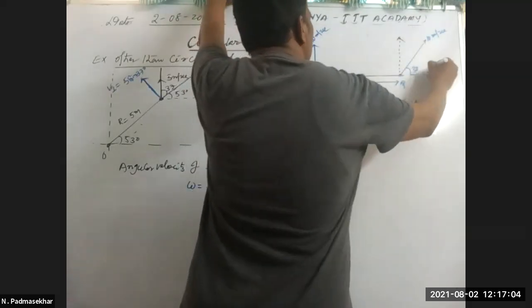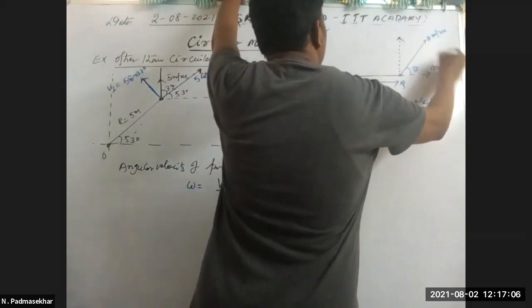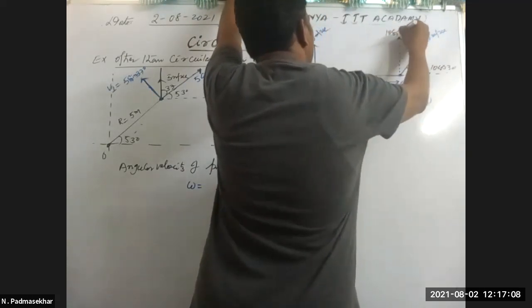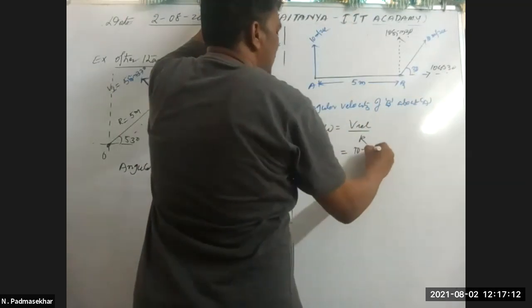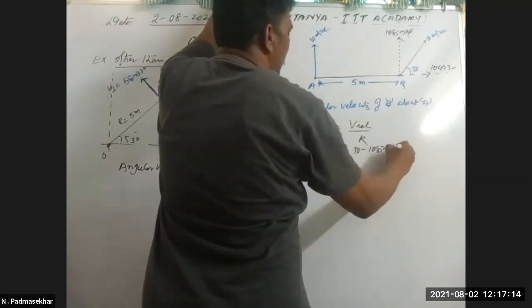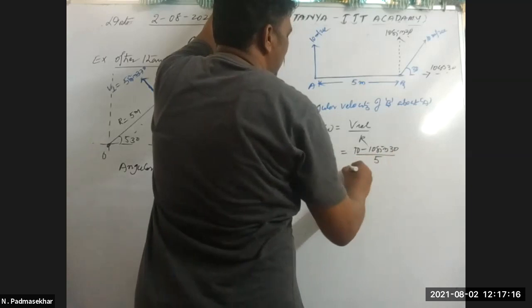This is 10 cos 30 and it is 10 sin 30. So the relative velocity, both are in the same direction: 10 minus 10 sin 30, divided by R, which is 5.